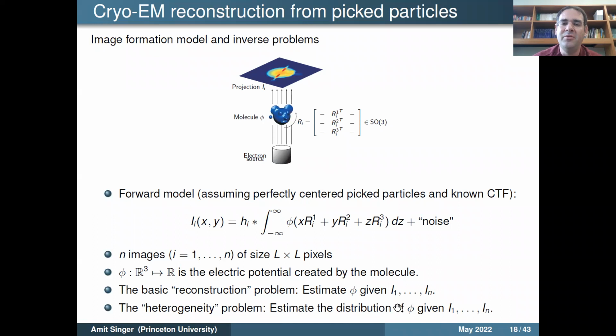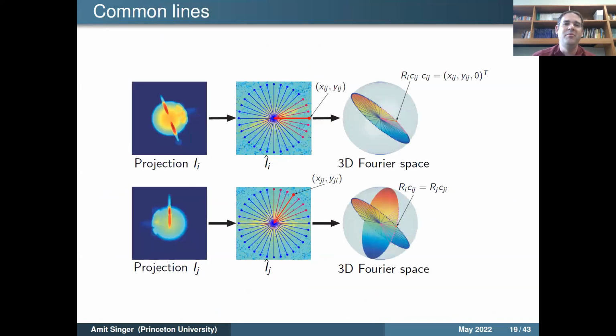But if I just ask you to estimate the distribution of the phis, and if the distribution is low dimensional in some sense, say on a subspace or a low dimensional manifold, then this might be possible. So these are the two inverse problems that drive cryo-EM.